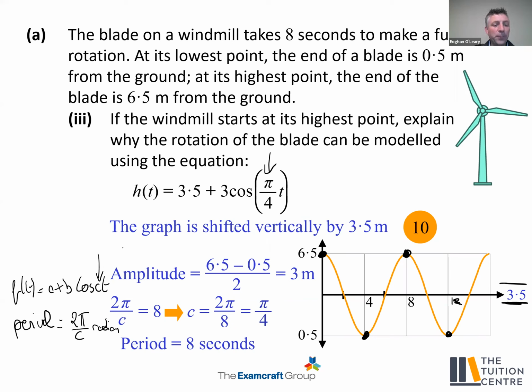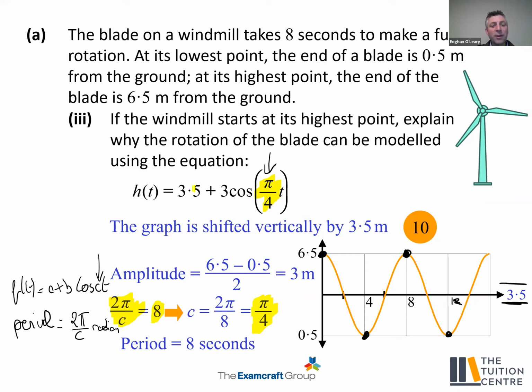So 2 pi over c. So in our case, we're told that the period is 8. So 2 pi divided by c is equal to 8. We're going to isolate c. So c is equal to 2 pi divided by 8. So c is going to be pi over 4. And that's where the pi over 4 comes from here.